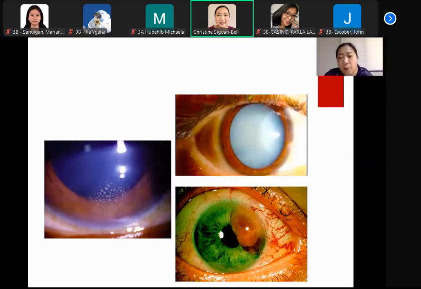Now, the picture with the hypermature cataract with a dilated pupil is a picture of an intumescent lens that can cause pupillary block and angle closure glaucoma. The other picture, with a mass seen in the iris, is a melanoma that will block your trabecular meshwork.